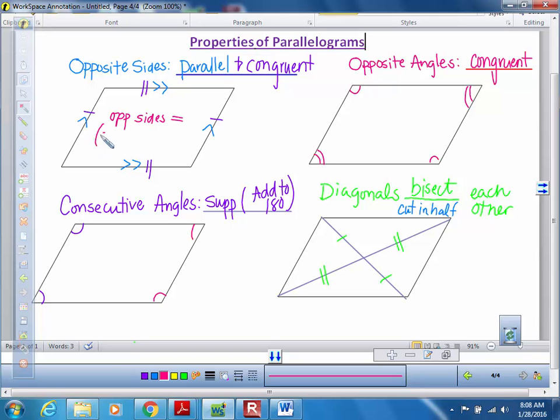So basically, when you're solving for sides, you set them equal. Then, for angles, when we're looking at opposite angles, our opposite angles are equal. So again, you're going to set them equal.